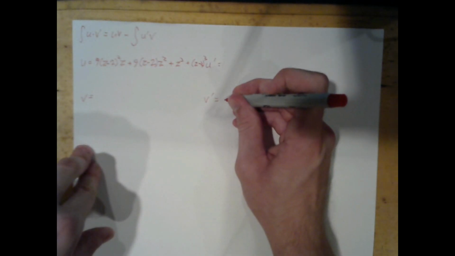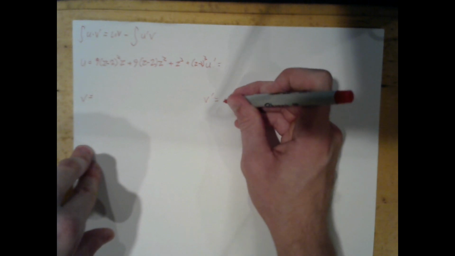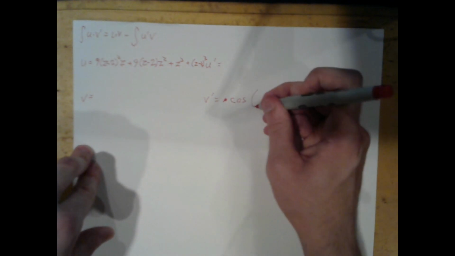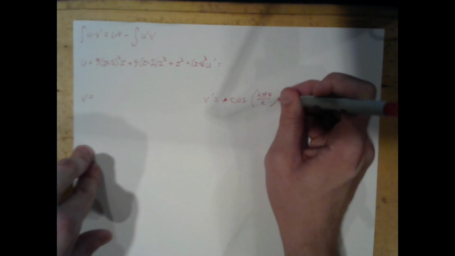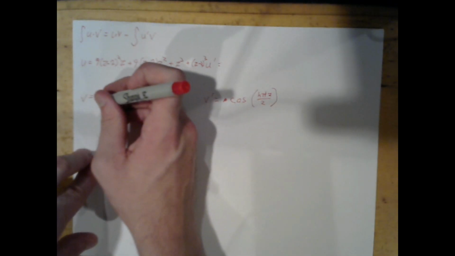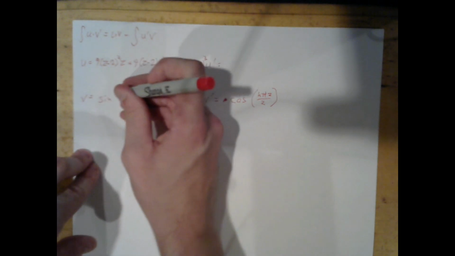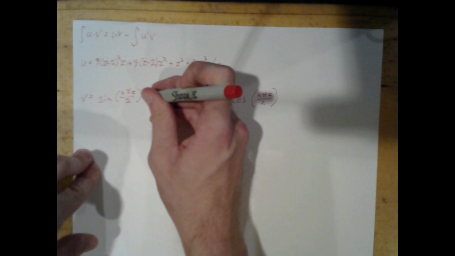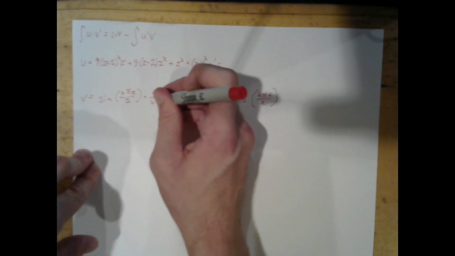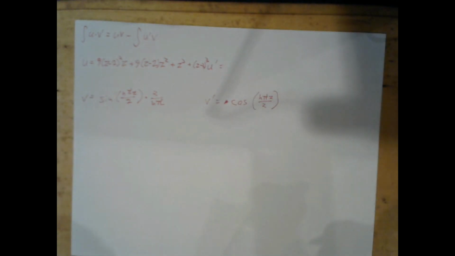We're not going to worry about u prime yet. So v prime was cosine h pi z over 2. This is going to oscillate. It's going to become sine h pi z over 2 multiplied by 2 over h pi. Remember the pattern.